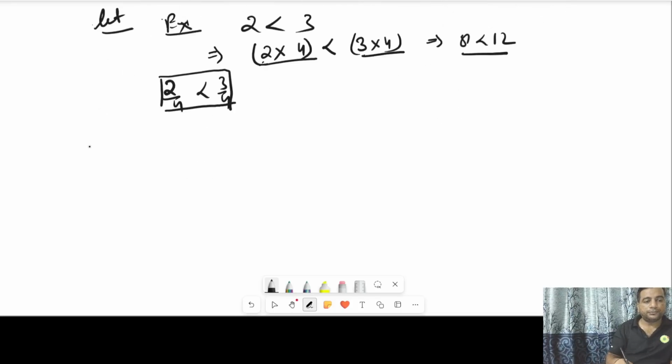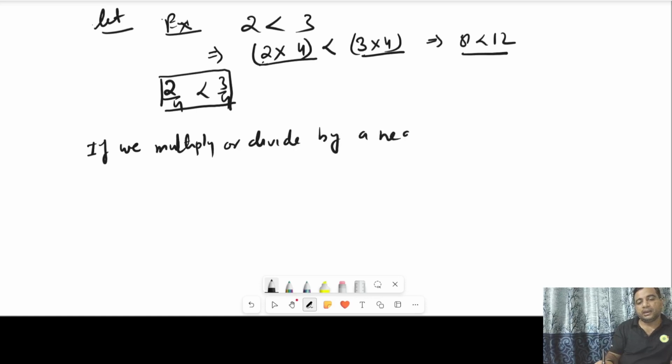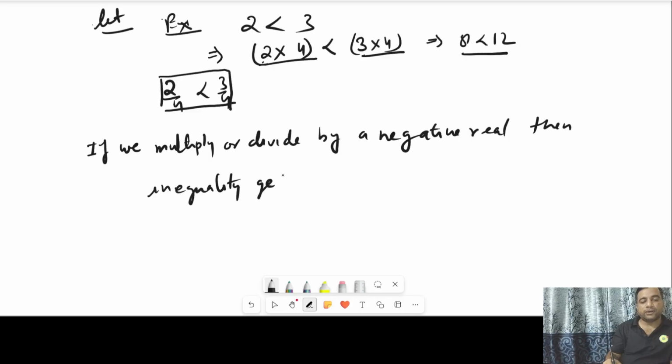But if we multiply or divide by a negative real number, then the inequality gets reversed.